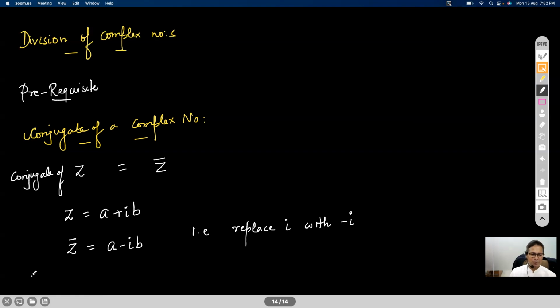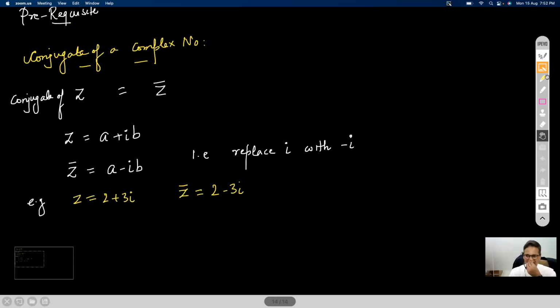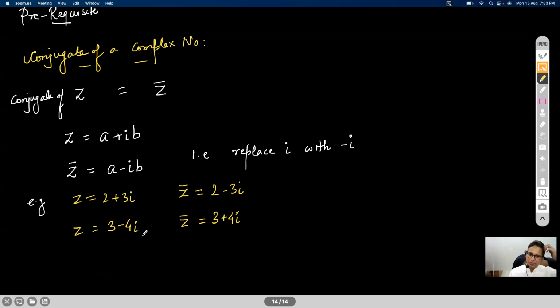For example, if my Z is 2 plus 3i, the conjugate of Z is 2 minus 3i. If my Z is 3 minus 4i, the conjugate of Z is 3 plus 4i.